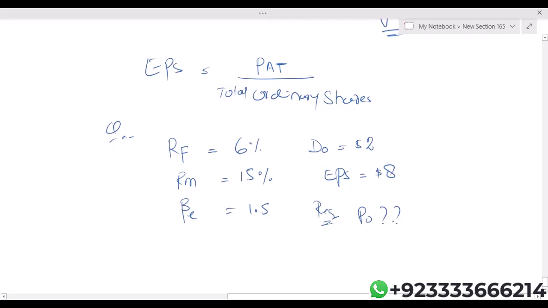Please, I want everyone to solve this. I'm giving you 2 minutes to do this. RF is 6%, RM 15, equity beta 1.5. Dividend per share is $2, earning per share is 8. I want everyone to calculate P naught, please. Let's see the first answer from the student. That is 41.65. What about others? Students, whenever you have been given time to attempt the question, do attempt it, please.